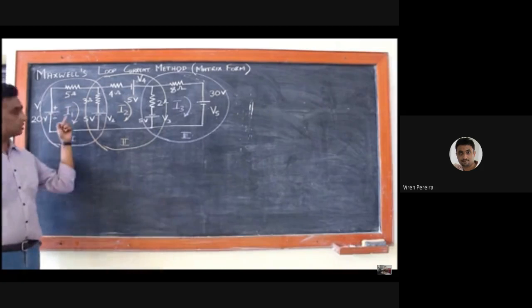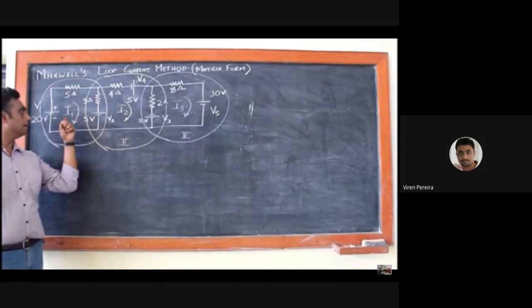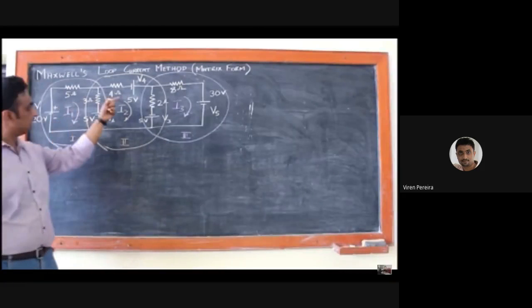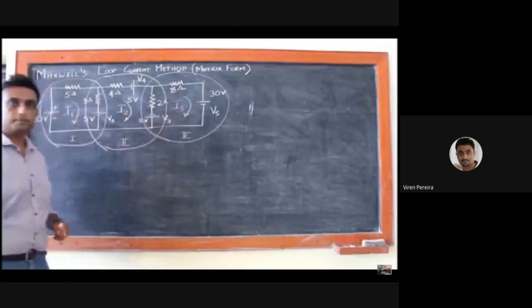Now, the third assumption you have to make is to set your direction. Since we don't know the direction of the loop currents, we have to assume this in clockwise direction. So, assume the current direction is clockwise.